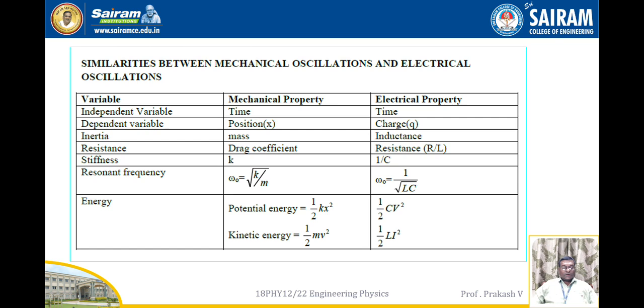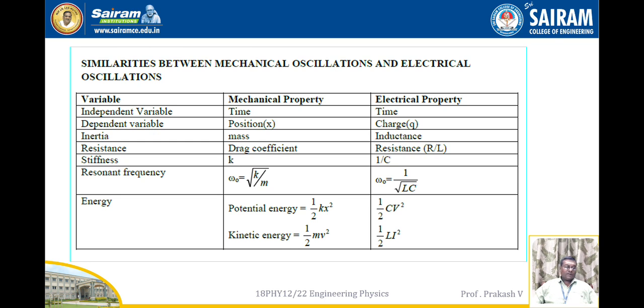Next, in this picture we can look at a table. Here I am going to explain similarities between mechanical oscillations and electrical oscillations. In the table we come across variable, mechanical property and electrical property.